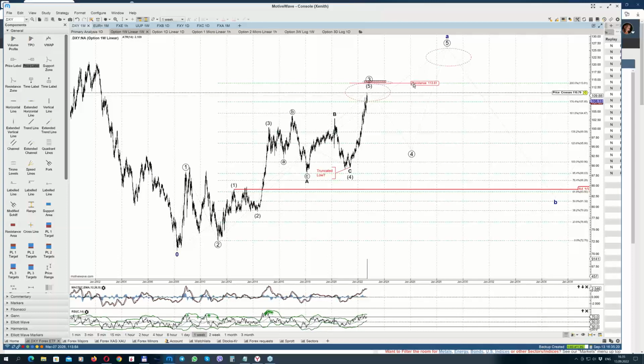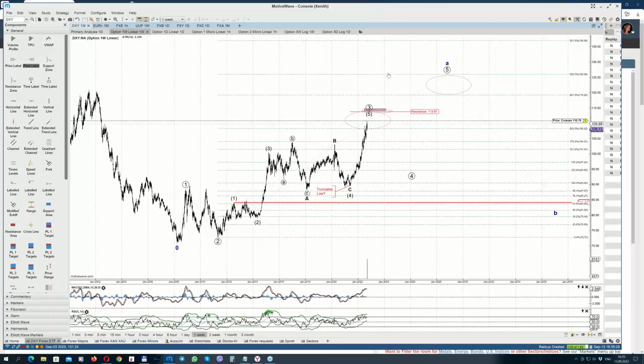This resistance is based upon the logarithmic price scale projection, and I'm going to present you a dedicated wave count based upon the logarithmic price scale. But let's zoom in. First, we're probably going to top here or have topped already.